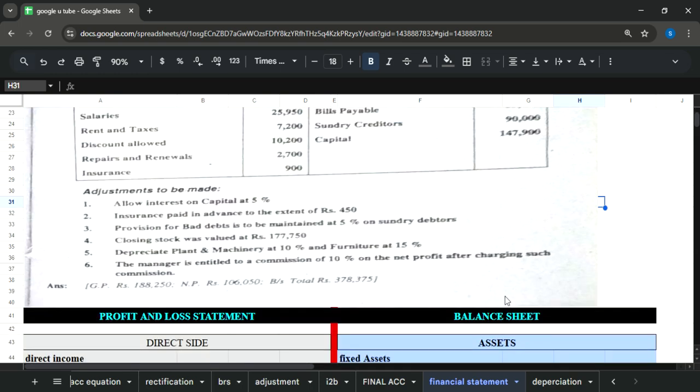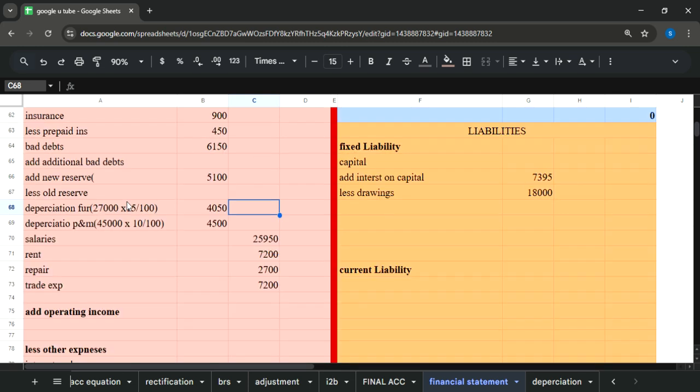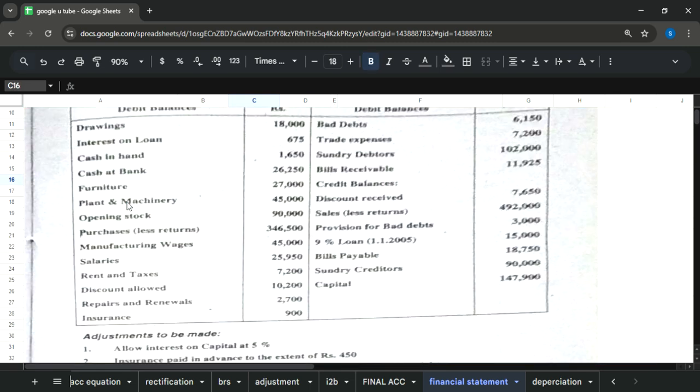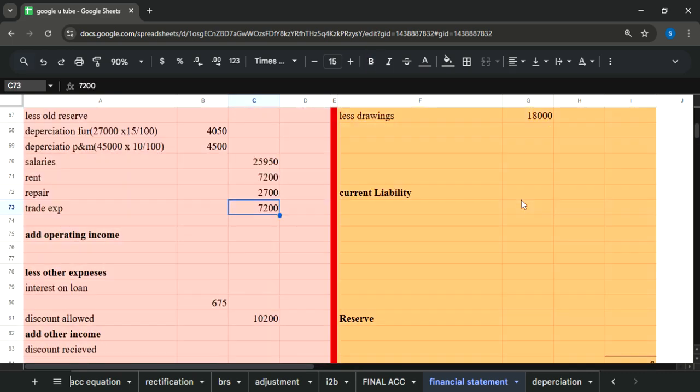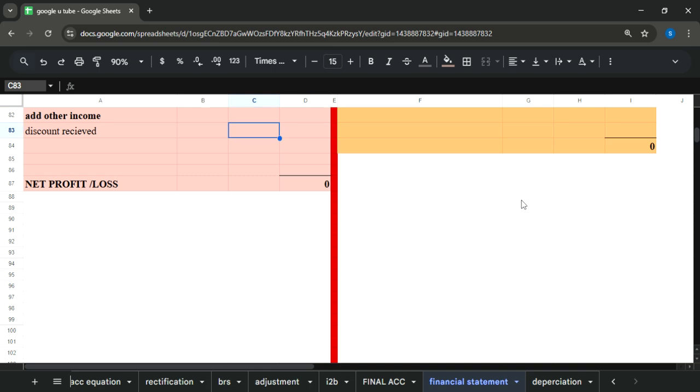Discount received. This is your other income. Here you will write discount received, the amount of which is 7650. So here you will write 7650.